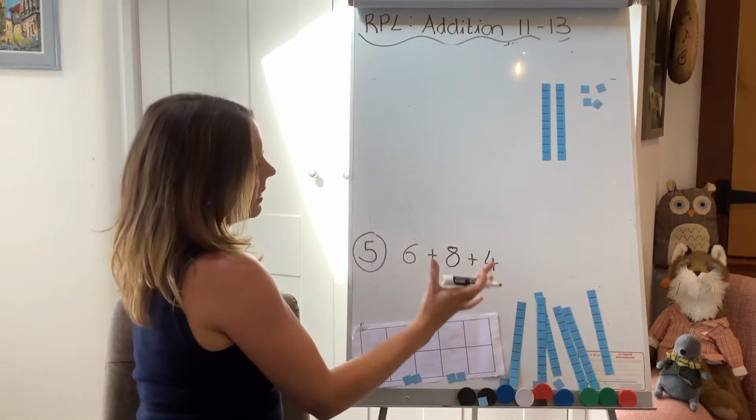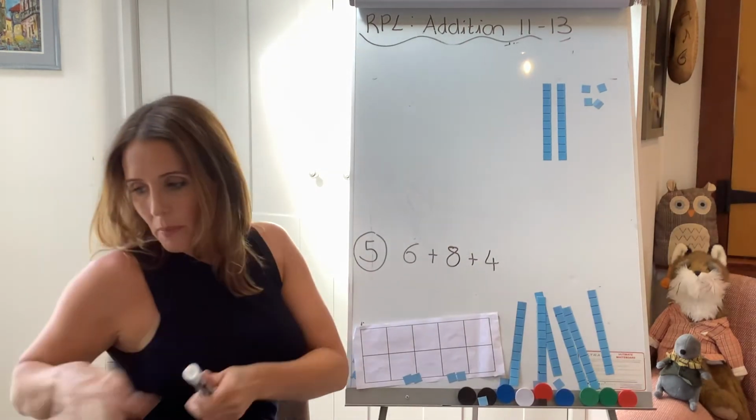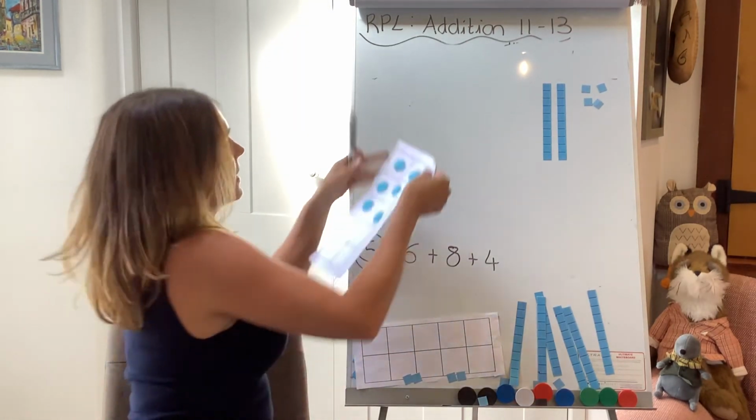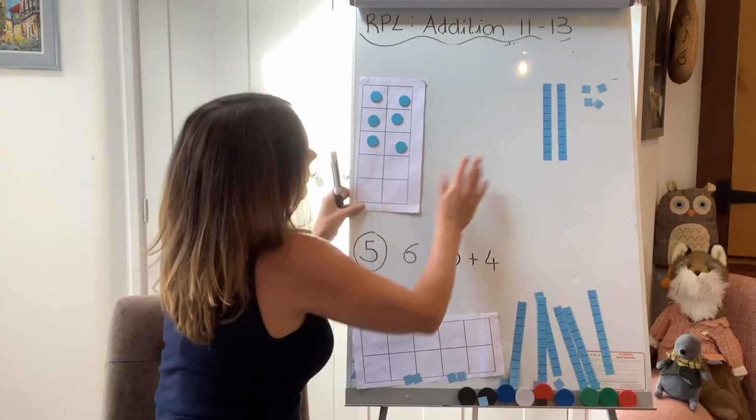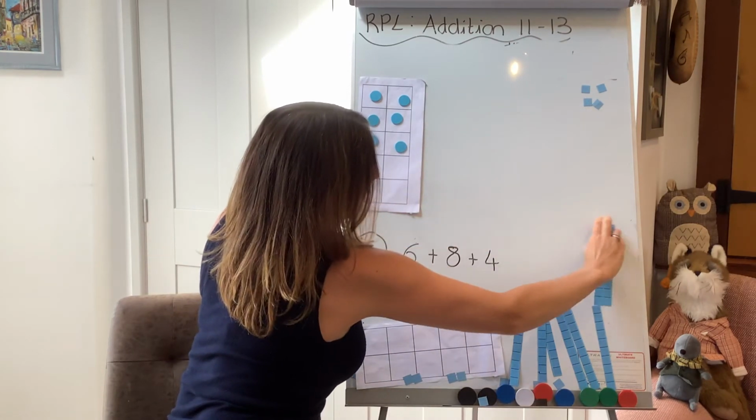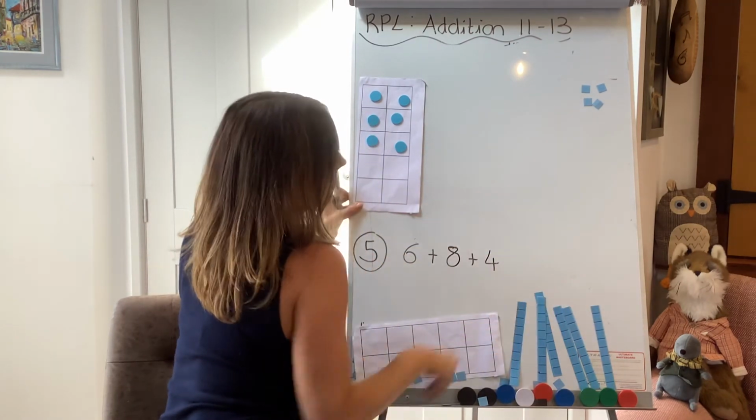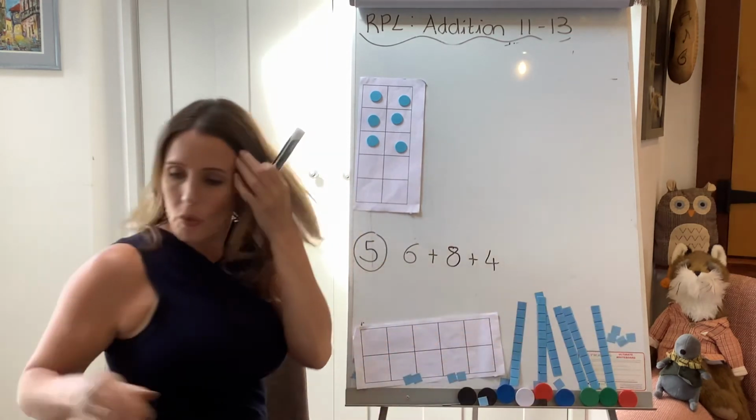So can we see what we can do with these numbers? We've got 6. We've got 8.